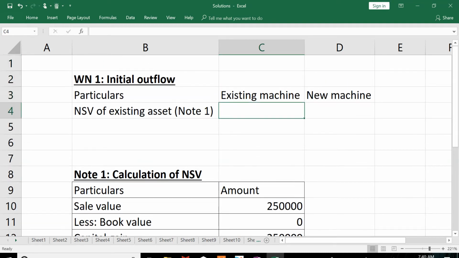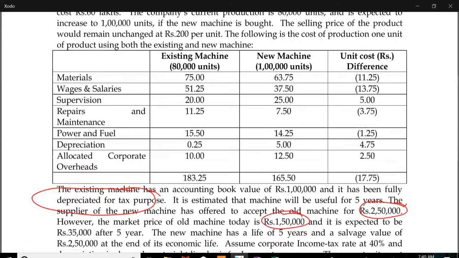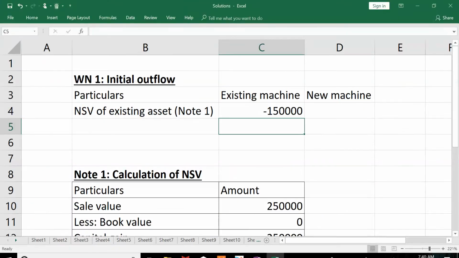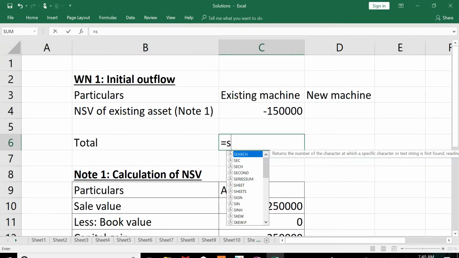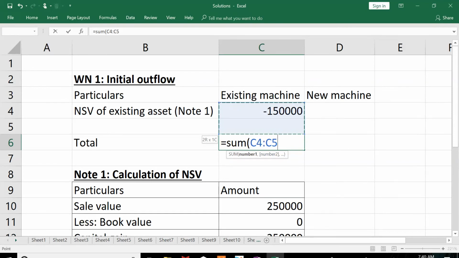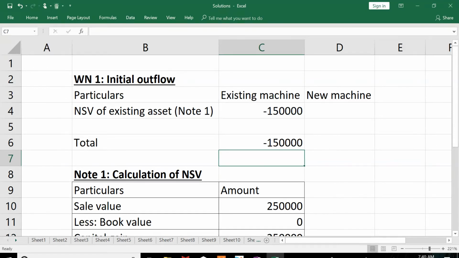So existing machine minus 1,50,000. I'll not write about working capital anyway, nothing is there. So leave a line gap and put a total. That line gap you'll understand later why. I'll analyze only the existing machine.